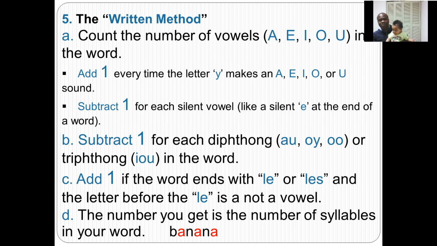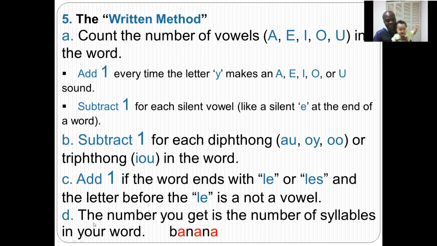When the letter before the L is a vowel, it is not a syllable. For example, the word sail, A comes before LE, so it's a 1-syllable word, even though we have 2 vowels, A and E.